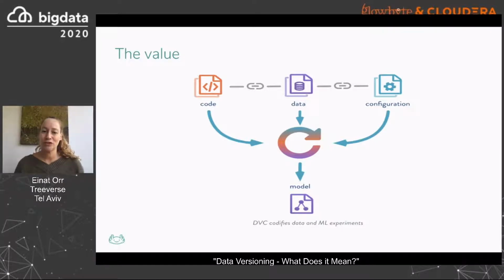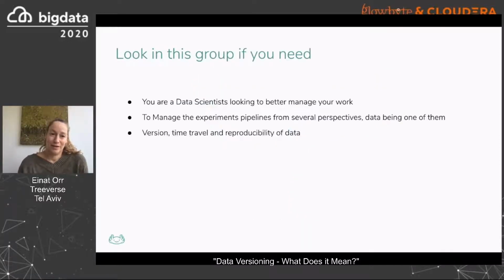This specific screenshot is taken from the documentation of DVC, Data Version Control, which is one of the tools that provides data versioning for ML experiments. So why would you be looking in this group? You're a data scientist, you're obviously running ML pipelines, and you need somehow to scale your work, and you need additional management tools, and you feel that data versioning is part of what you need.